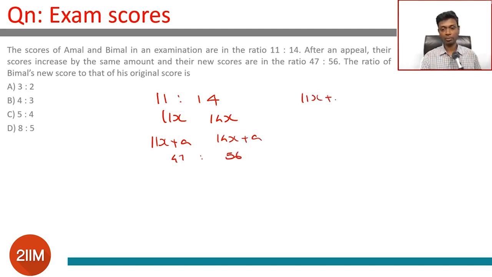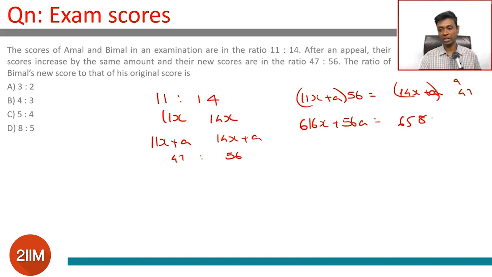So (11x plus a) into 56 is (14x plus a) into 47. 11 into 56 is 616x plus 56a. 14 into 47 is 658x plus 47a.